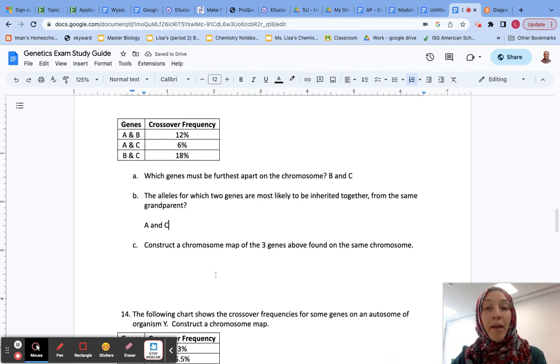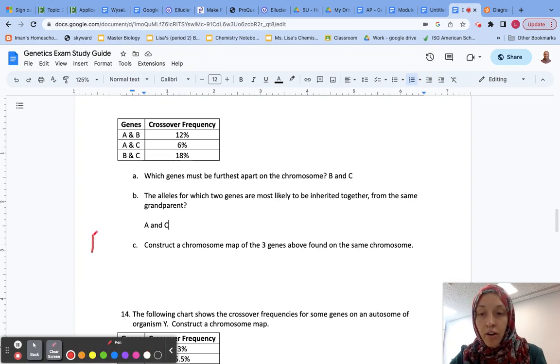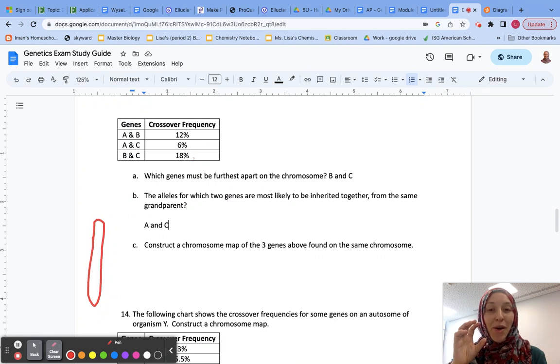So now if we want to make a map of this chromosome, I'm going to draw a chromosome. We kind of want to think about what percentages add to what. Okay, so I can see 12 plus 6 is 18. So I'm going to say that this plus this equals this.